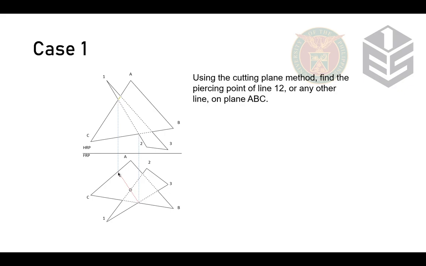And then we connect these two, and this should give us the location of the first piercing point. So in our first line that we tested, we determined that line 1, 2 actually has a piercing point onto plane ABC located at this particular point. And then we can project the piercing point upwards to HRP.